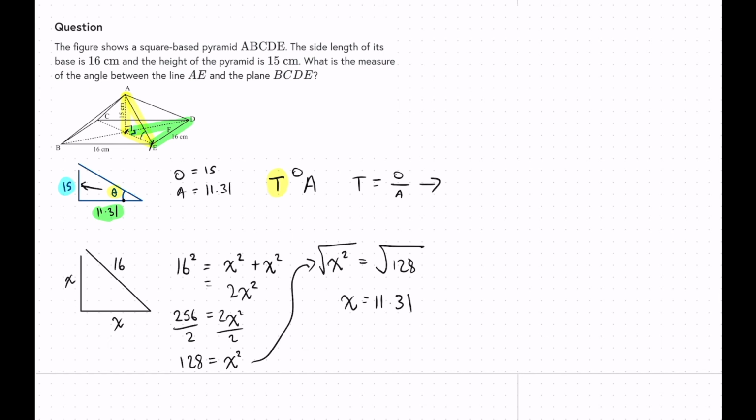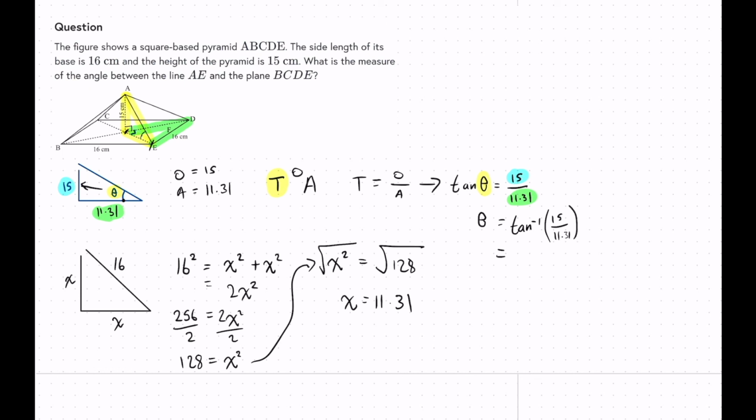So let's do a little bit of trigonometry. Tan theta is equal to, substituting some figures in, 15 over 11.31. Just to be clear, we've got 15 here, the opposite, over the adjacent. I'm going to try and find this angle, so I'm going to do the opposite of tan, which is tan inverse of 15 over 11.31.